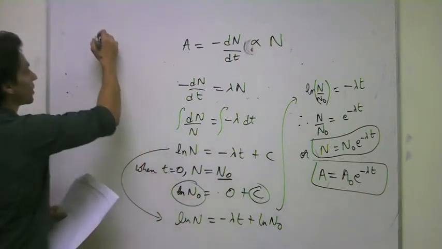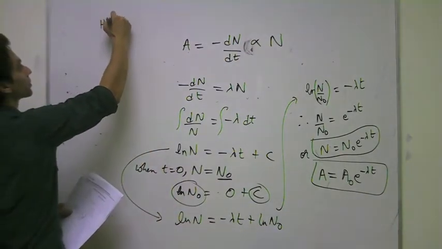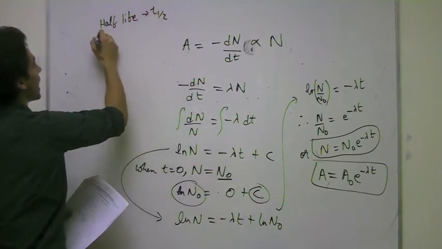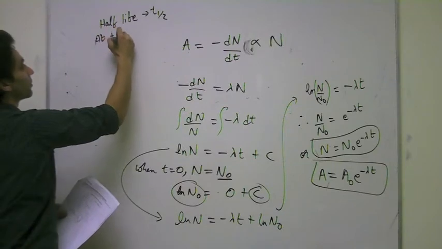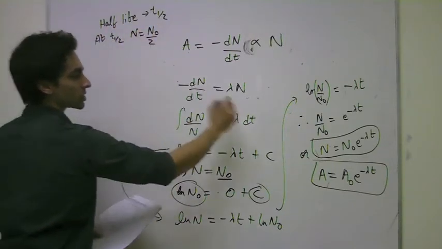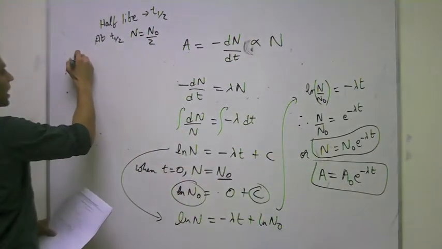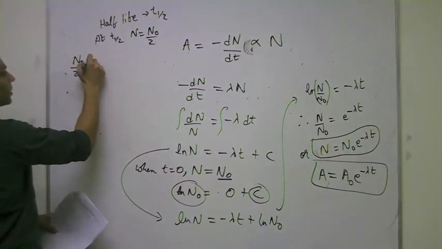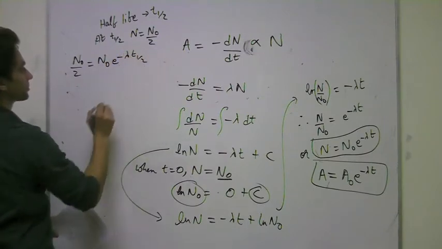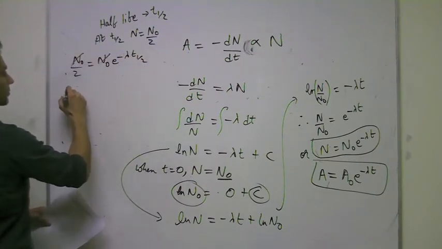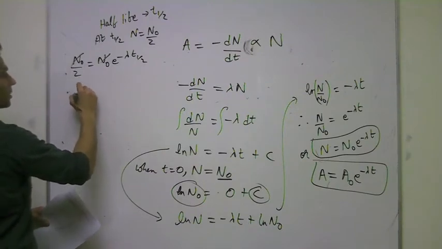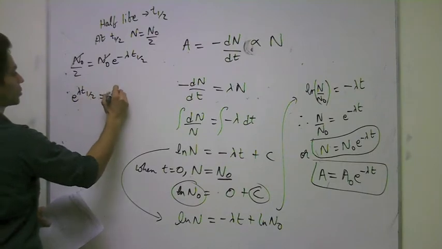Now when we talk about half-life, T half, at T half we have N equals N naught over 2. Now substituting this in that equation, we have N naught by 2 equals N naught e raised to the power minus lambda t half. So we have e raised to the power lambda t half equals 2.